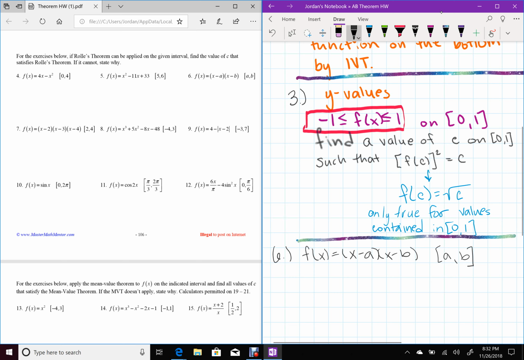To use Rolle's theorem, it has to be continuous, which it is because it is a polynomial. And for it to be differentiable, it has to have no points of discontinuity in the derivative, which is also true.